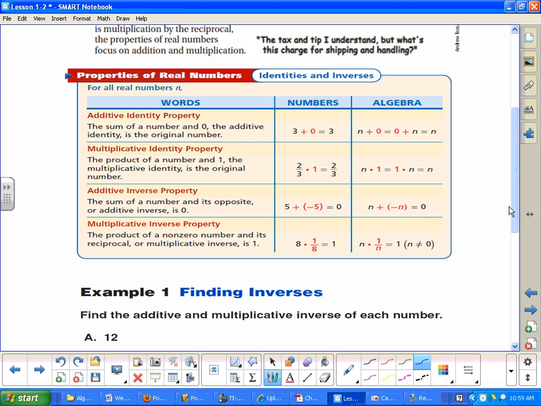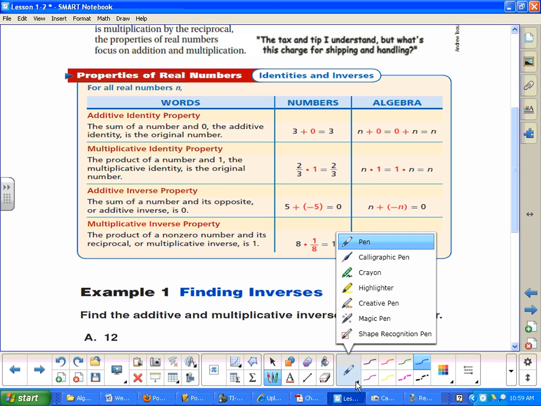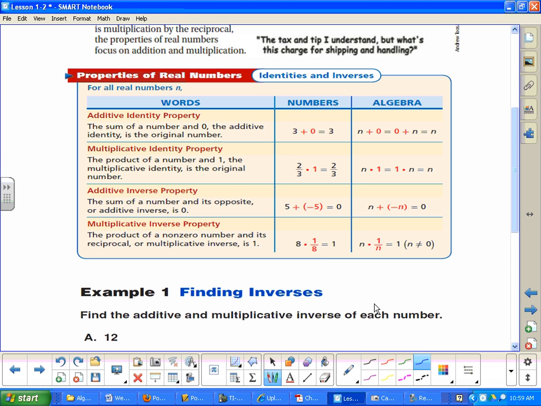The additive identity property just says that if we add 0, we get that same number. So the additive identity means when we add 0 to a number, we get that number again. The multiplicative identity says when we multiply by 1, we get the same number. Okay?